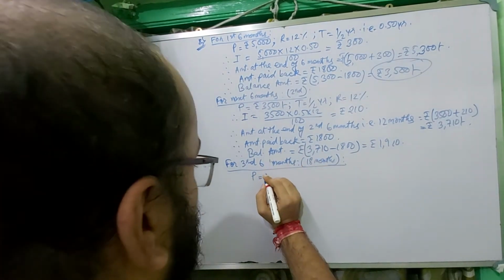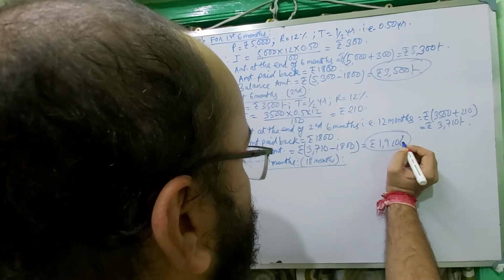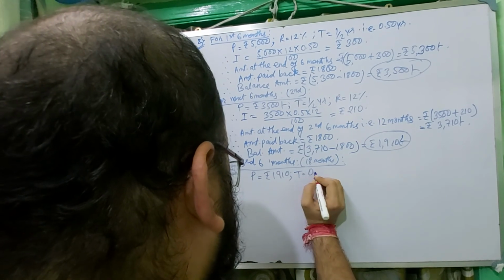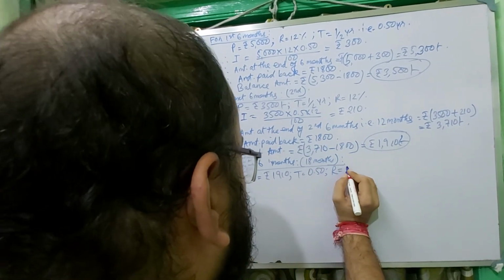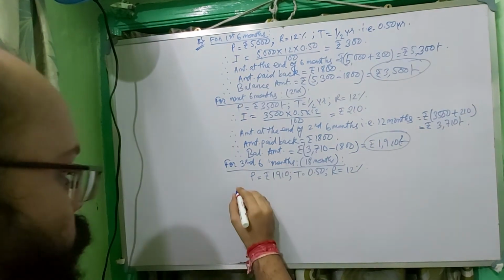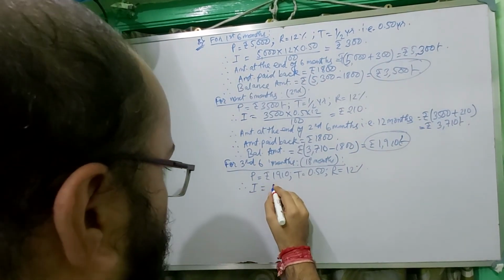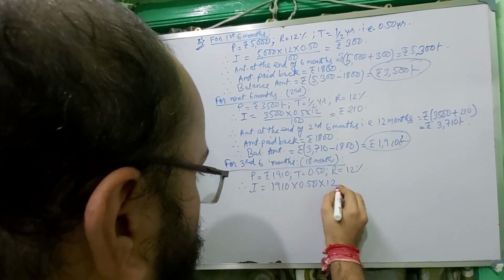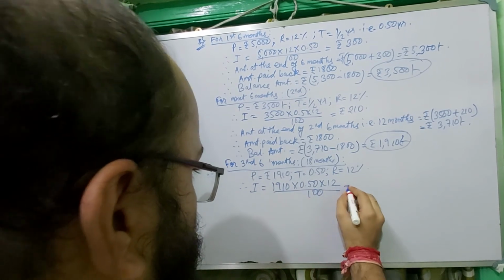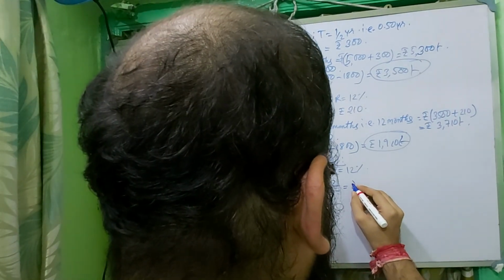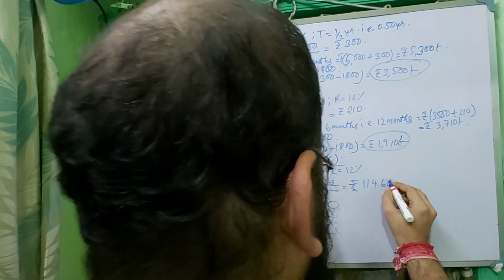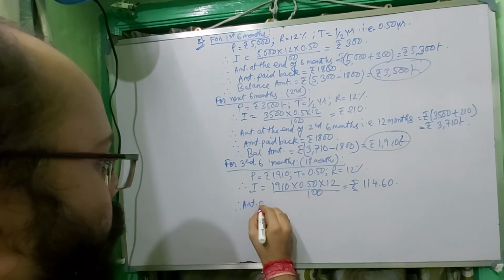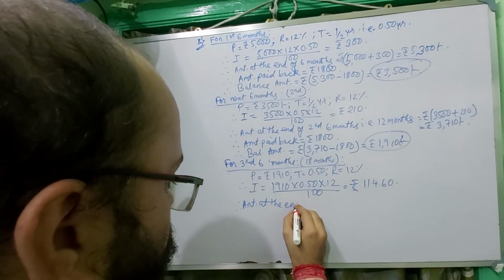So the principal will be rupees 1,910, time 0.5, rate 12%. So interest is equal to 1910 into 0.50 into 12 by 100. How much is it? Rupees 114.60.